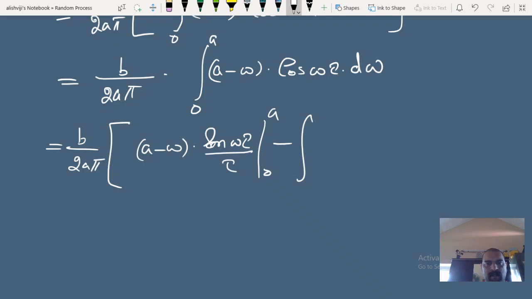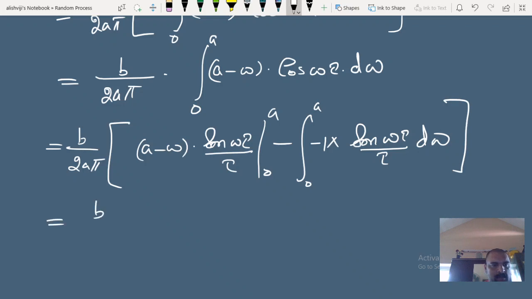Omega is the variable of integration here. So for a minus omega, the derivative is 0 minus 1, so it is minus 1 into the integral of the second function, d omega between 0 and a.